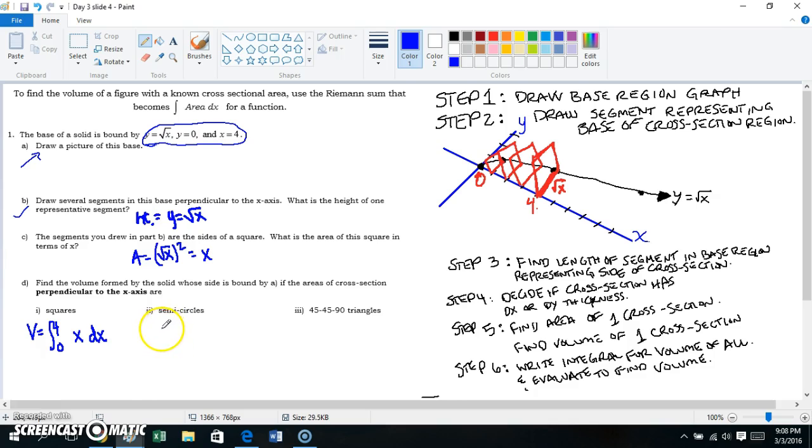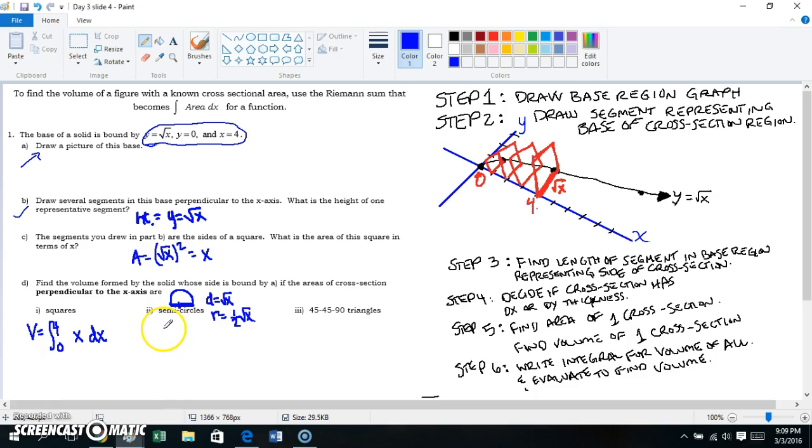If the cross sections are semicircles, the diameter of that semicircle is the square root of x, which means the radius of that semicircle is 1/2 the square root of x.